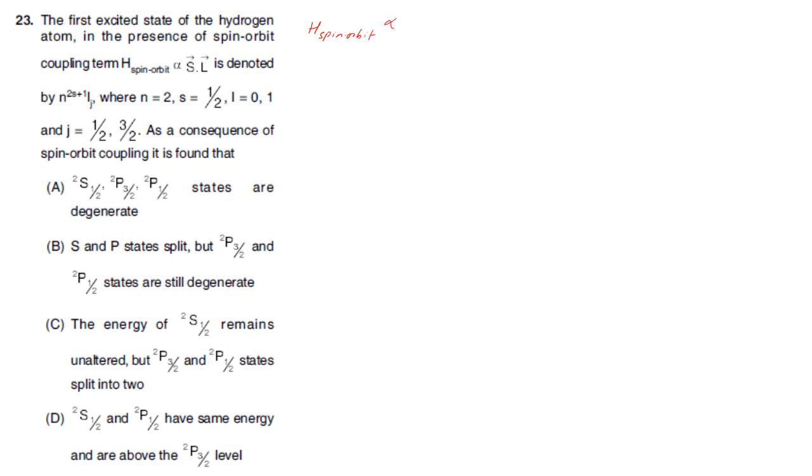is proportional to S dot L, therefore the total energy is given by the energy due to the Hamiltonian H naught, the unperturbed term, plus the perturbed term due to spin orbit interaction, that is E naught plus E spin orbit interaction.